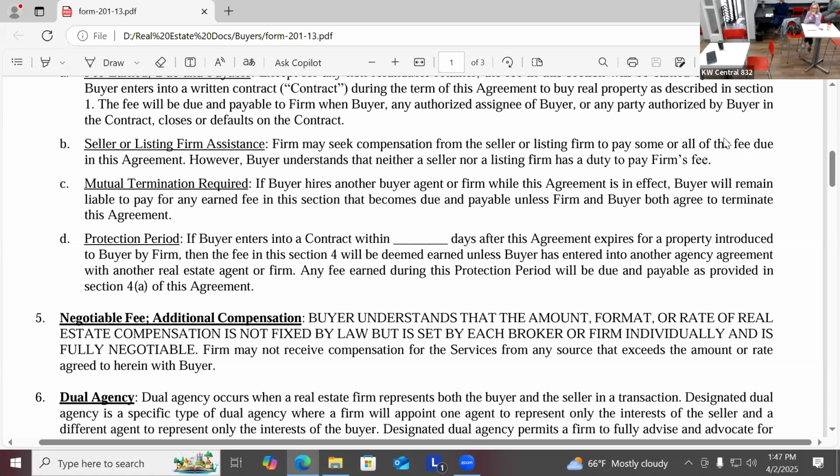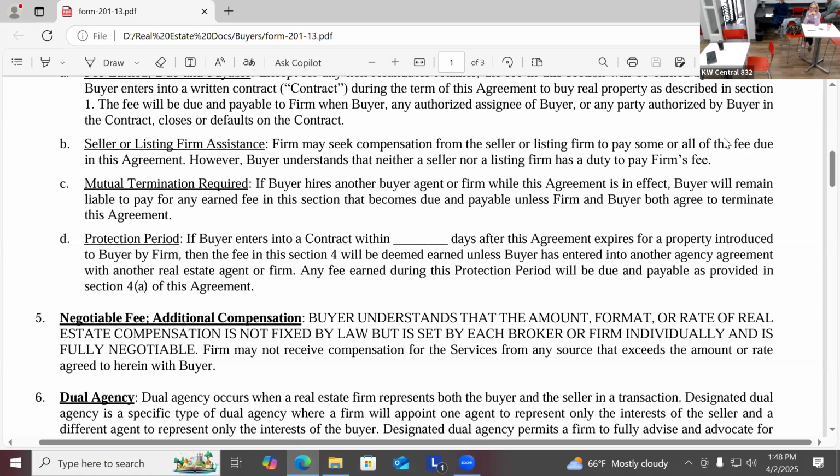And then they've changed the bold to the buyer. So buyer understands that the amount, format, or rate of real estate compensation is not fixed by law, but is set by each broker or firm individually and is fully negotiable. Firm may not receive compensation for the services from any source that exceeds the amount or rate agreed to herein with the buyer.